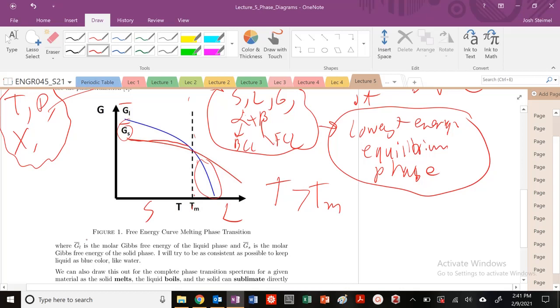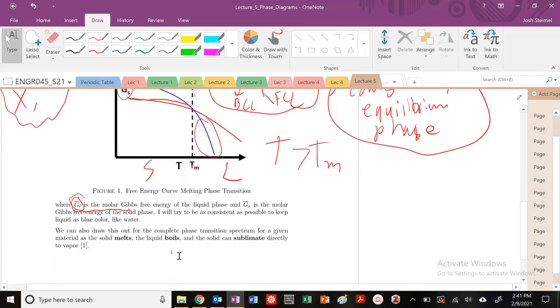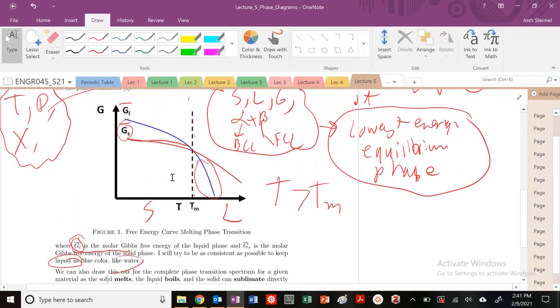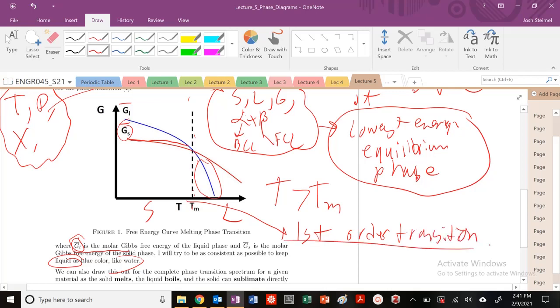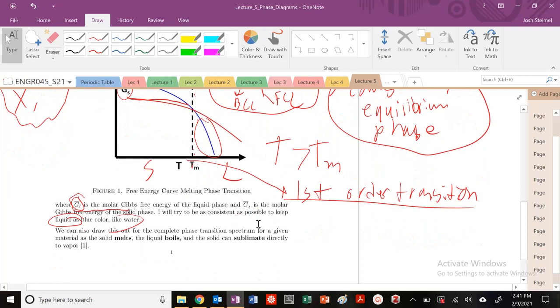The bar over the top means it's the molar free energy, just normalized. So liquid is blue, solid is red. You can see this transition, and this is going to be a first order transition, melting. You'll see this quite a bit in your DSC lab, but anyways, this is a first order thermodynamic phase transition.